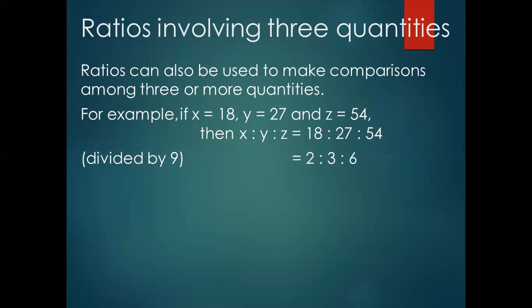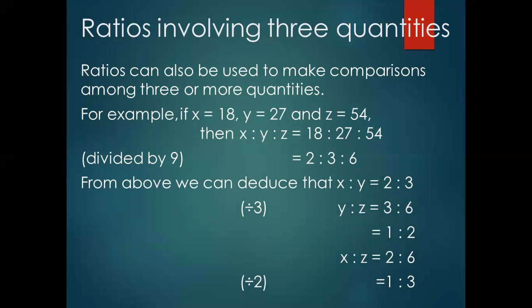From above, we can deduce some more results. If you are given the ratio among 3 quantities, then you can also find the ratio of only x and y. Here you can see x is to y is 2 is to 3, which is in simplified form. But if you are interested in the ratio of only y and z, then y colon z will be equal to 3 is to 6.